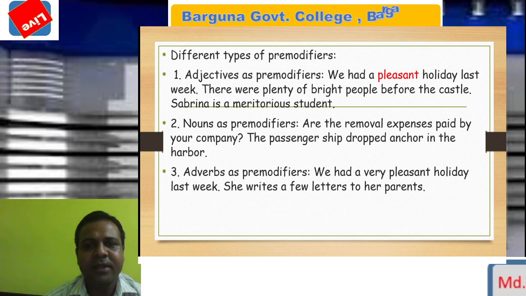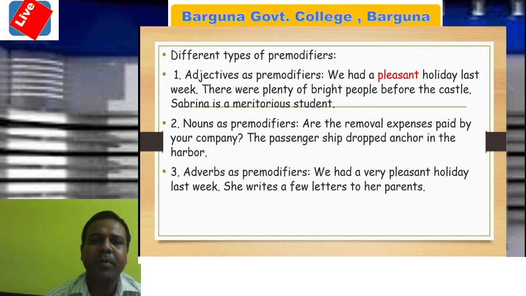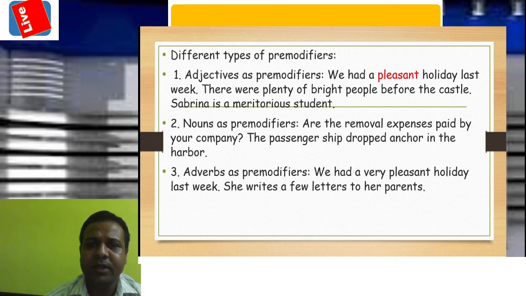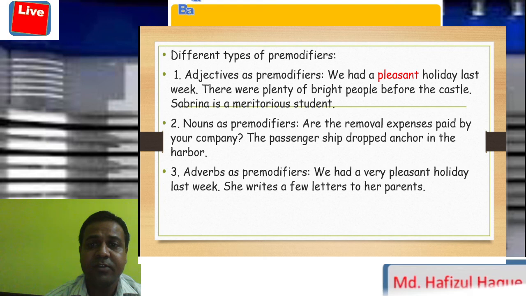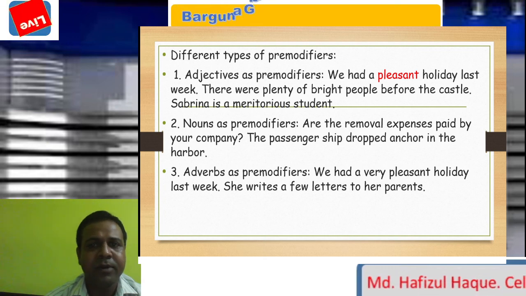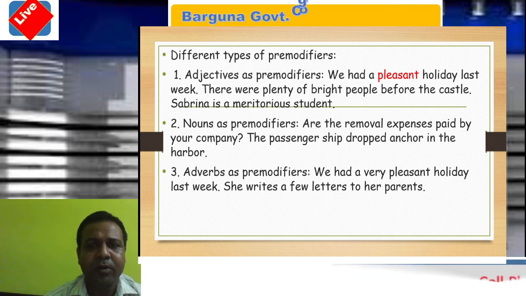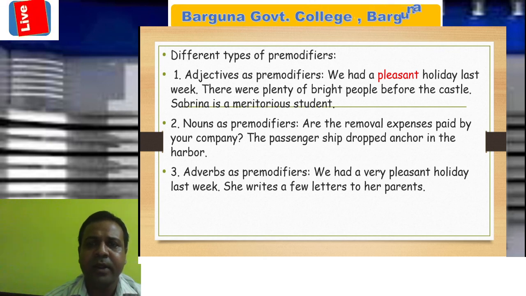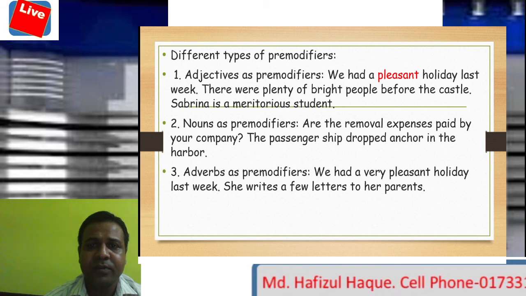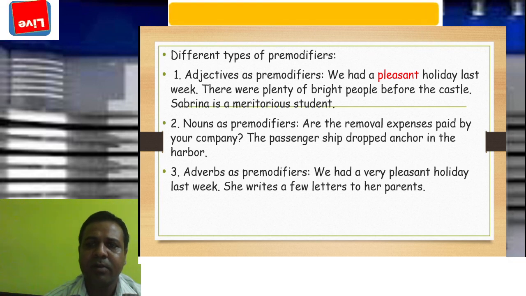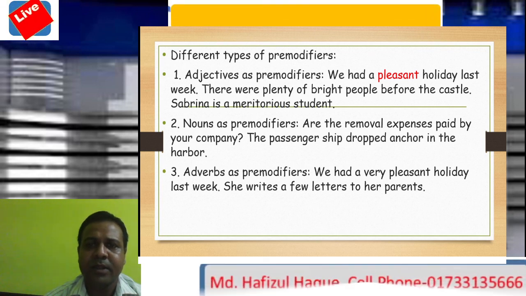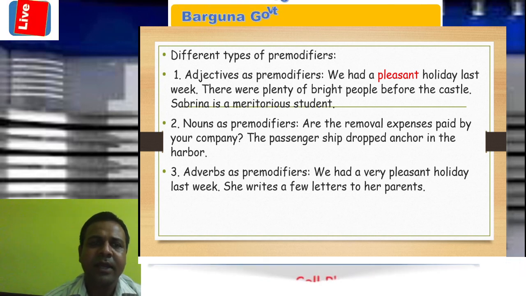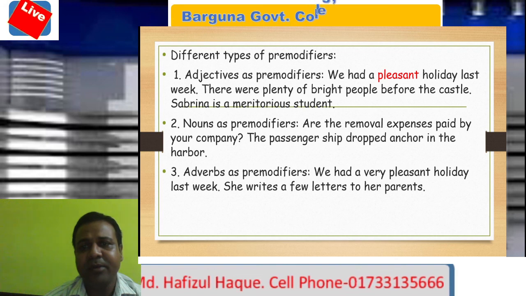Here, a pleasant holiday. A is an article, pleasant is an adjective, and holiday is a noun. And you know, an adjective always pre-modifies the noun. That is why here pleasant is used as a pre-modifier and holiday is the noun. So pleasant pre-modifies holiday. So we can say that an adjective can be used as a pre-modifier.